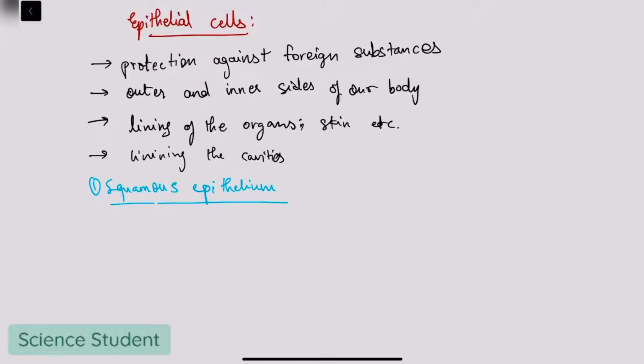This squamous epithelium is a single cell layer epithelium. There is only one single cell layer like this. It is very thin, so it can be broken easily.